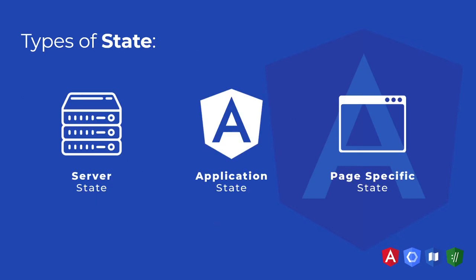Types of state. Here we have three types of state. One is server state, the second is application state, and the third is page-specific state. In the previous slide I discussed that page-specific state is a good solution, while if you consume the state throughout the application, the complexity of the application becomes very high.